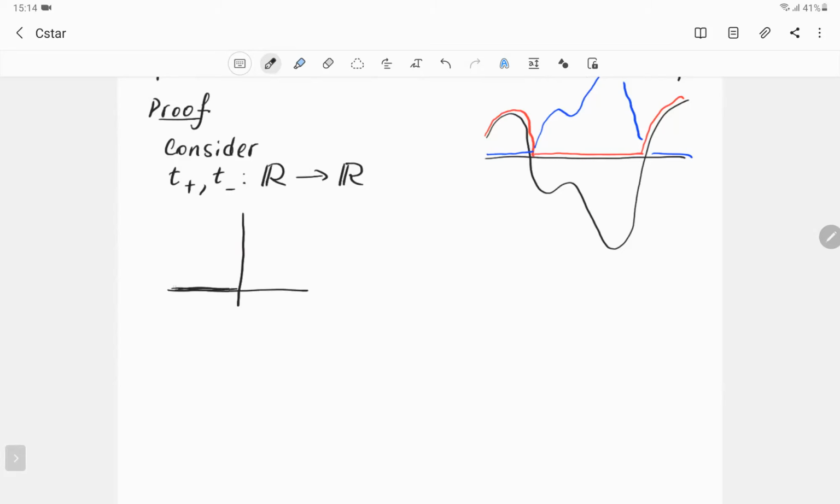So this is the graph of T plus. And here's the graph of T minus. It is 0 here, and it looks like this for negative numbers. This is T minus. By the way, they are not just real, they are non-negative.